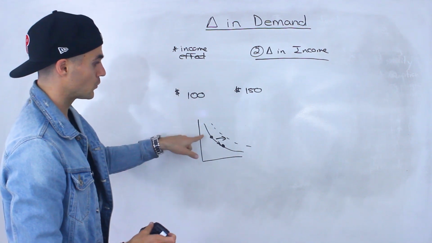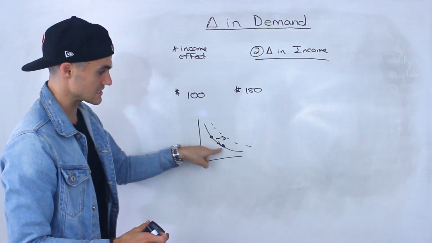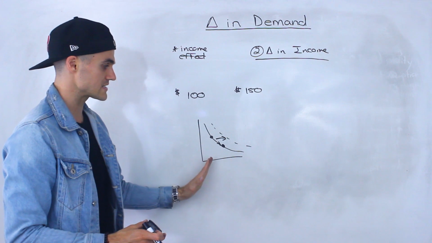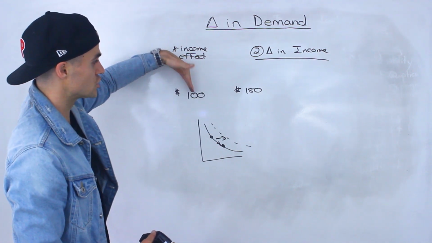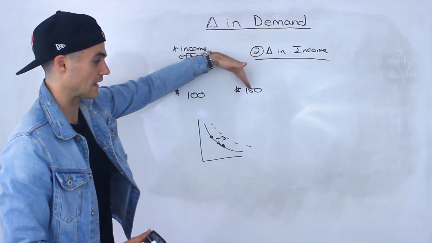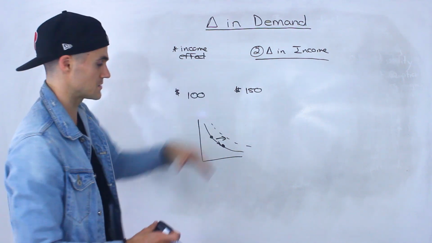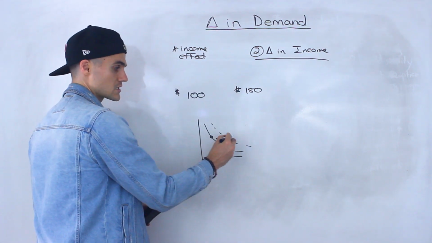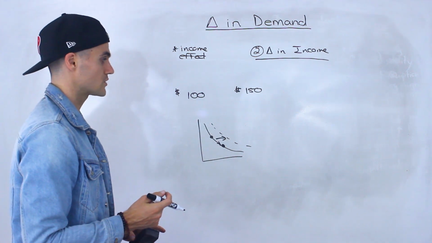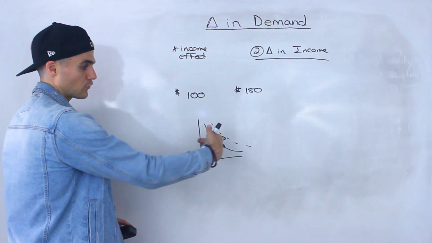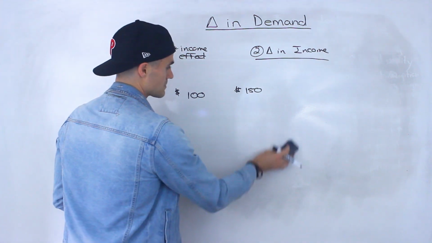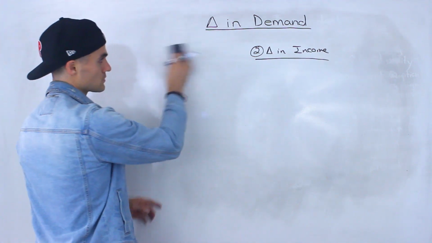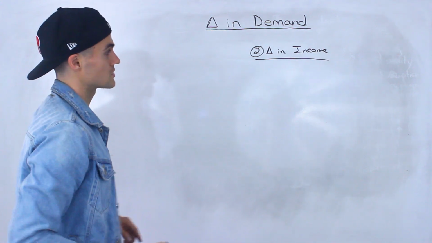So an income effect was used to explain why a decrease in price increases the quantity demanded, while now we're going to talk about changing the income and how that's going to affect that demand. And the way it does for most goods is it's going to shift that curve to the right. And then a decrease in income for most goods is going to shift that curve to the left. Right? So just wanted to make that point quickly because sometimes students can get those two confused.